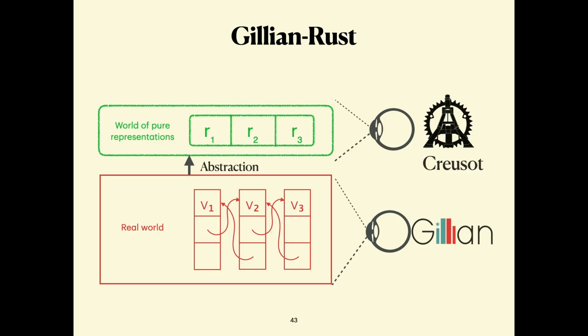It doesn't really care what you do afterwards. So long as you can establish that abstraction, Creusot can take over and do the more complicated functional arguments of your program, the deeper properties in some sense, because Gillian Rust has done all this heavy lifting for you already.